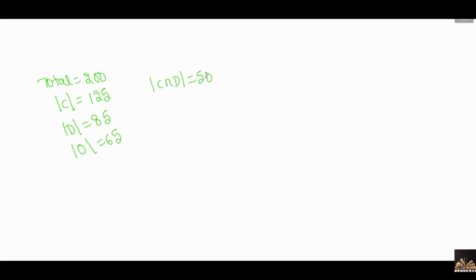35 have taken DS and CO. D and O is 35. 30 have taken both C and CO, so C and CO is 30.